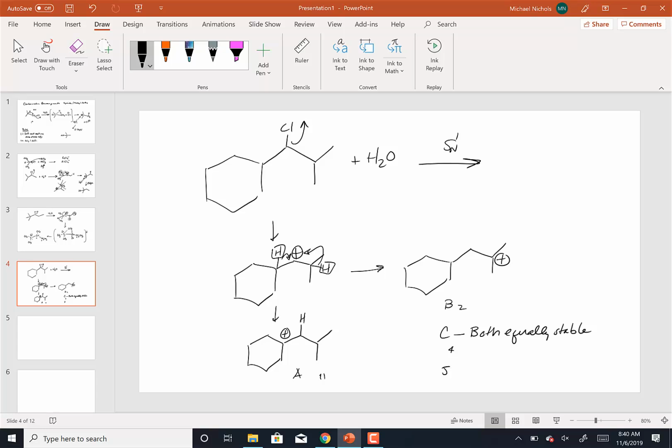The key part here is, does it matter what groups are attached to the carbocation? If it's tertiary, does it matter what the groups are to make it tertiary? Do some groups make it more stable than other groups? Our rule was that the alkyl group doesn't matter.